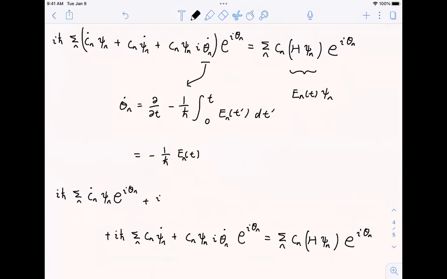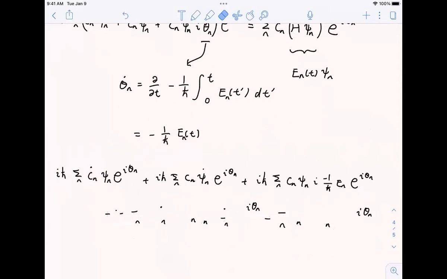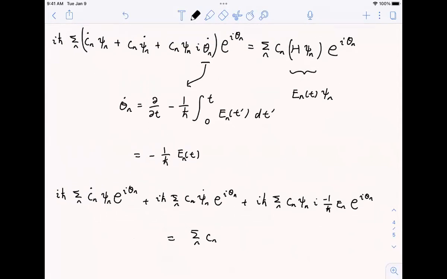Okay, so here Cn, you have an i, and then with this thing, minus 1 over h bar En, equal to n Cn, I mean this part, and then En.